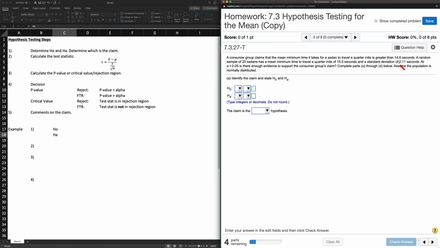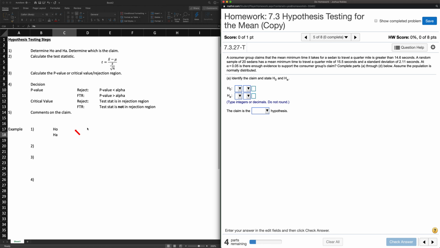This standard deviation mentioned sounds like it's the standard deviation for these 20 sedans, which would make that the sample standard deviation. So we're going to use a t-distribution. Our cutoff level here is 5%, our level of significance, so alpha is 0.05. And are we going to be able to support the claim?